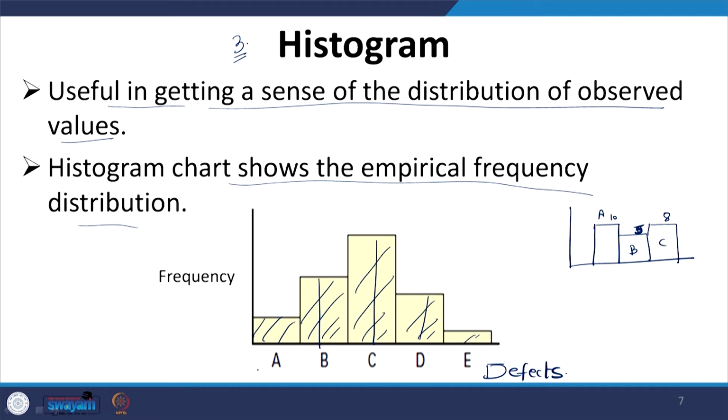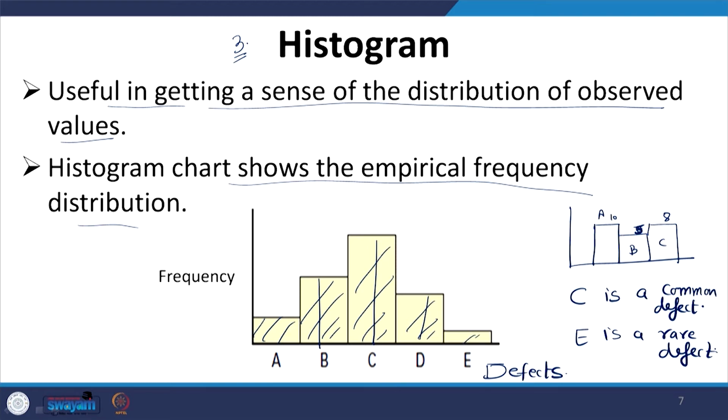Now you can easily see that C is a very common defect. From this diagram we see that C is a common defect because it is happening more than any other type of defect, and we can say that E is a rare defect. It is not happening regularly because the frequency is very low.